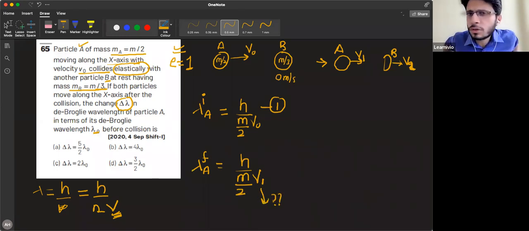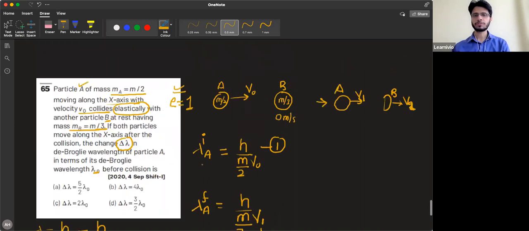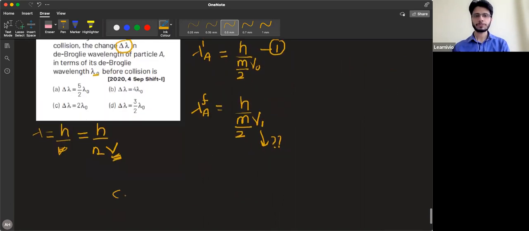There are direct formulas from which you can calculate this v1. But if you don't remember, don't memorize that formula, you can do it by conservation of momentum and conservation of kinetic energy. So I'm doing it by conservation of momentum and conservation of kinetic energy. In this question, you will learn the conservation thing also. So let's apply conservation of momentum.